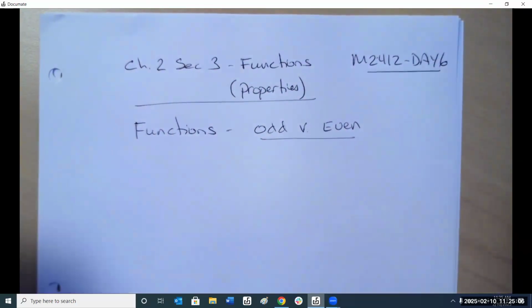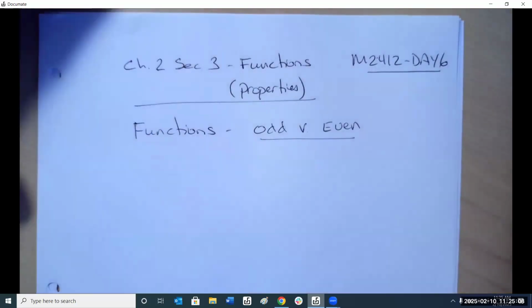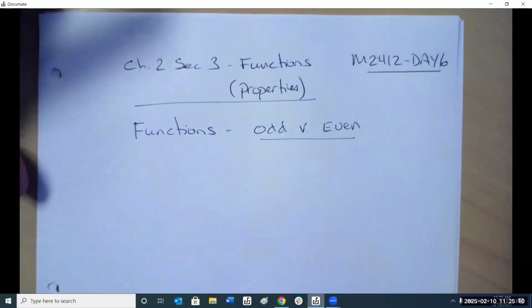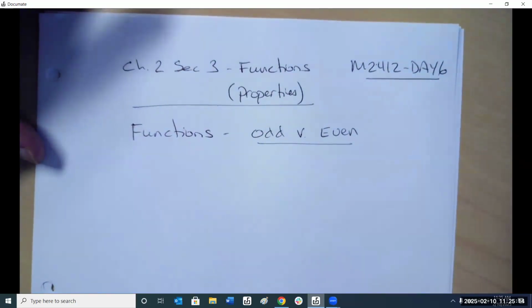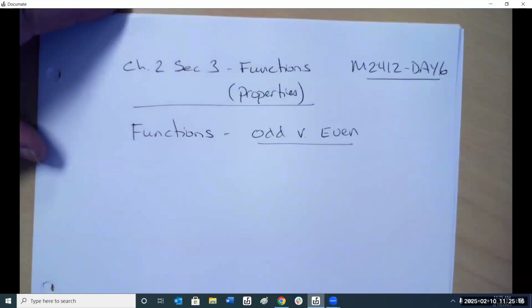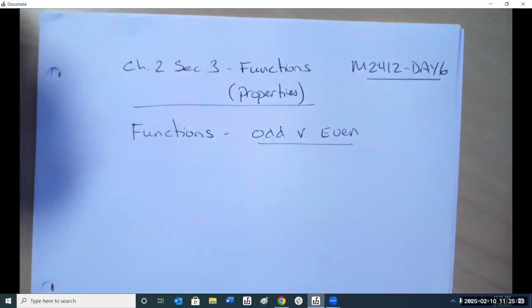Odd versus even. What does this mean? Basically, is the function reflective about the y-axis or the origin? That's all it's really telling us.